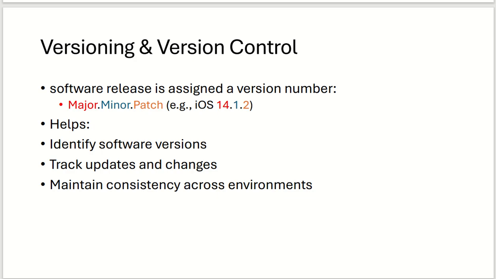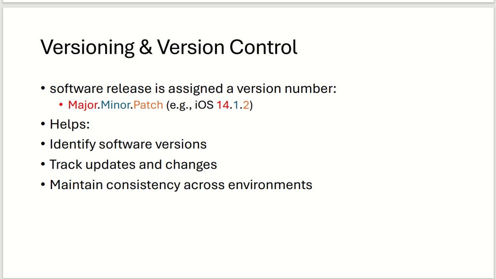Software releases are assigned a version number following this pattern: major.minor.patch. For example, iOS 14.1.2 says that the major change that happened is going from iOS maybe 13 to iOS 14.